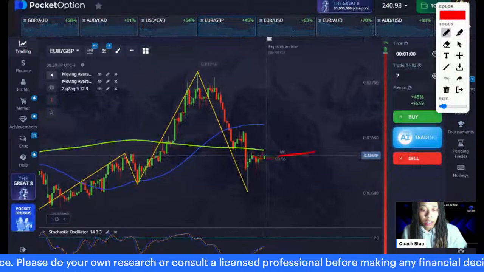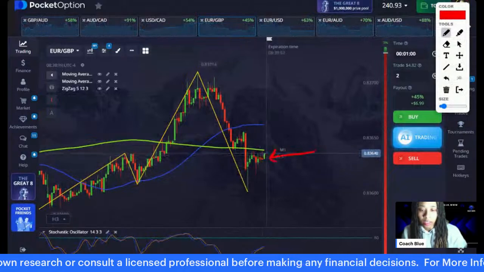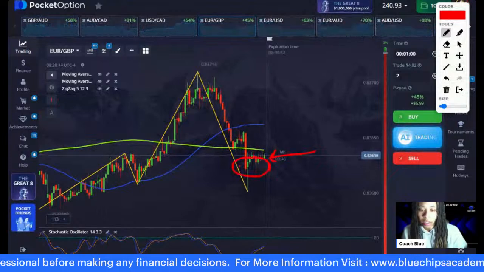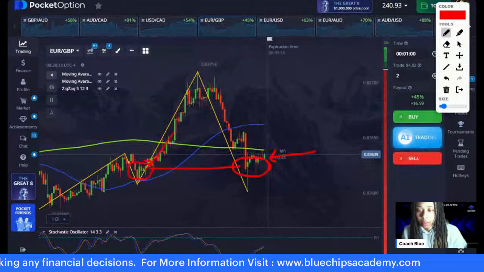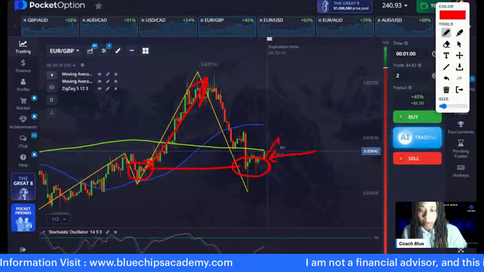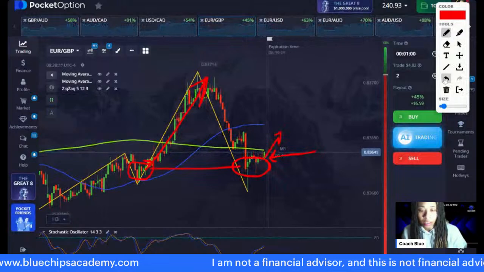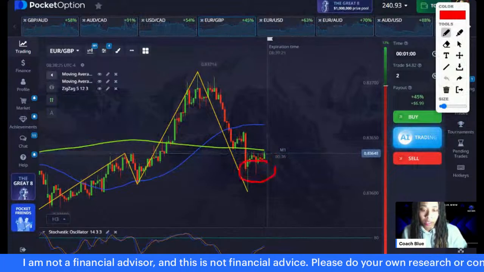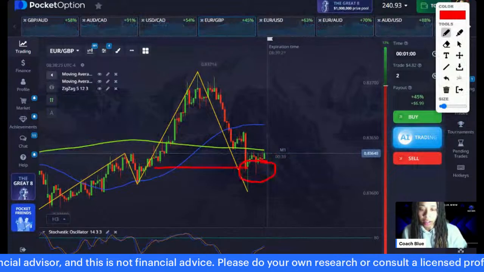It looks like it's trying to find support here, but we'll see how it closes. Because remember, look to the left, right? There's our support right there. And then price is finding support again, right? We see this candle pushing to the upside. So again, it's just all about timing. The structure is there. It's just all about your timing.